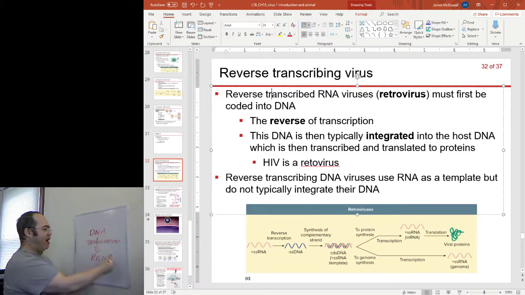Transcription is DNA to RNA. Reverse transcription is RNA to DNA.